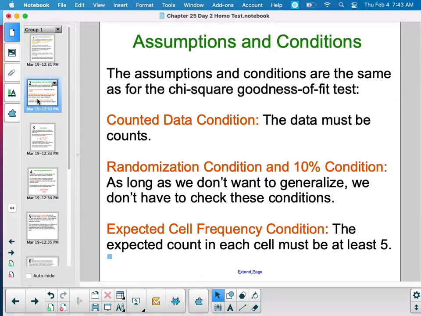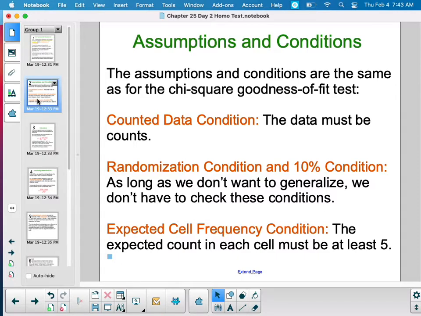If all we're doing is comparing whether two different groups are distributing the same way, and we aren't trying to generalize to a larger population, then randomness is no longer a necessary condition, because we're not trying to take this to a larger group. We're just seeing what goes on between these two specific groups. Same with the 10% condition at this point. So that's different.